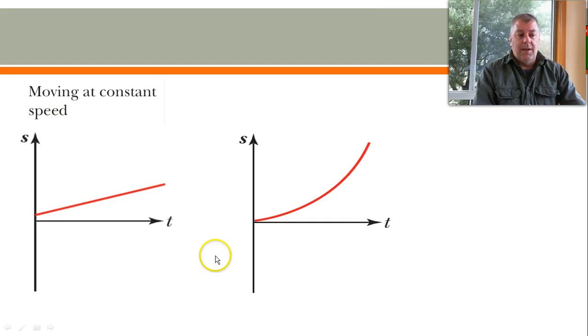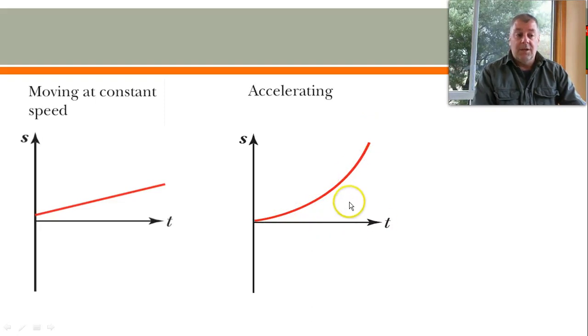What about this one? It's moving, but it's no longer at a constant rate because the slope here is getting steeper and steeper. If you do maths, you recognize that we could measure the slope here by taking a tangent, and the tangent at any of these points is getting steeper as time passes.